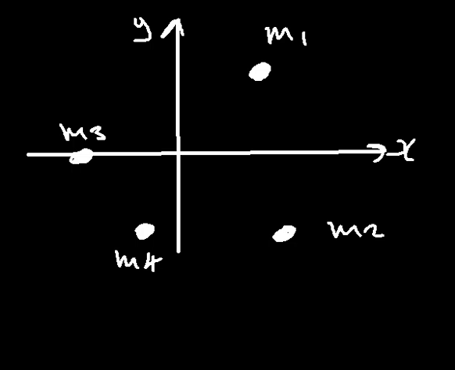And assuming that object of mass 1 is at an angle theta with respect to the y-axis, and object of mass 2 is at an angle theta 2 below the positive x-axis.